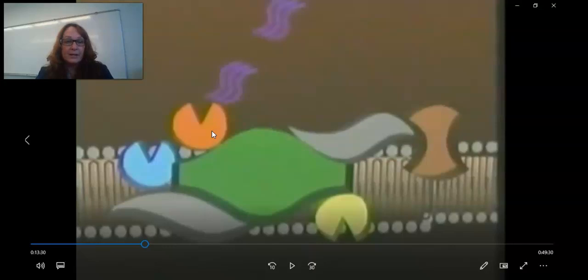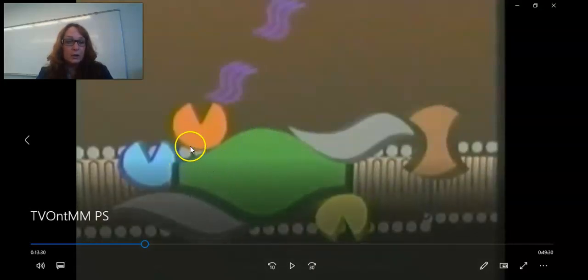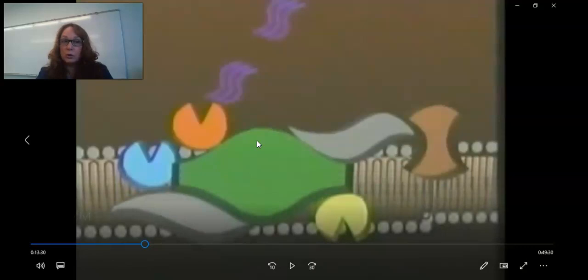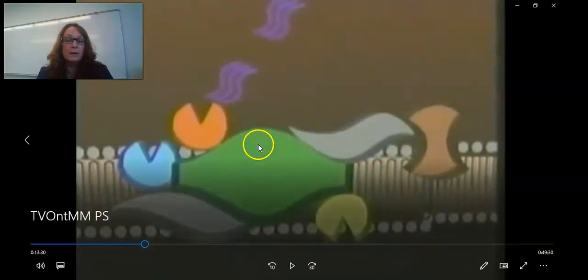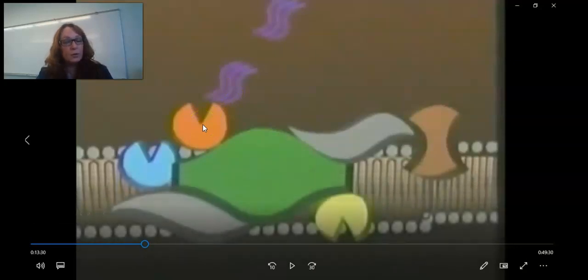So that's what they're showing here: you've got not only the main pigment that is going to be excited by a certain wavelength of light, which is chlorophyll, but these accessory pigments as well. What they do is pick up the wavelengths from a different part of the spectrum, and we'll get more into that in the next little video.